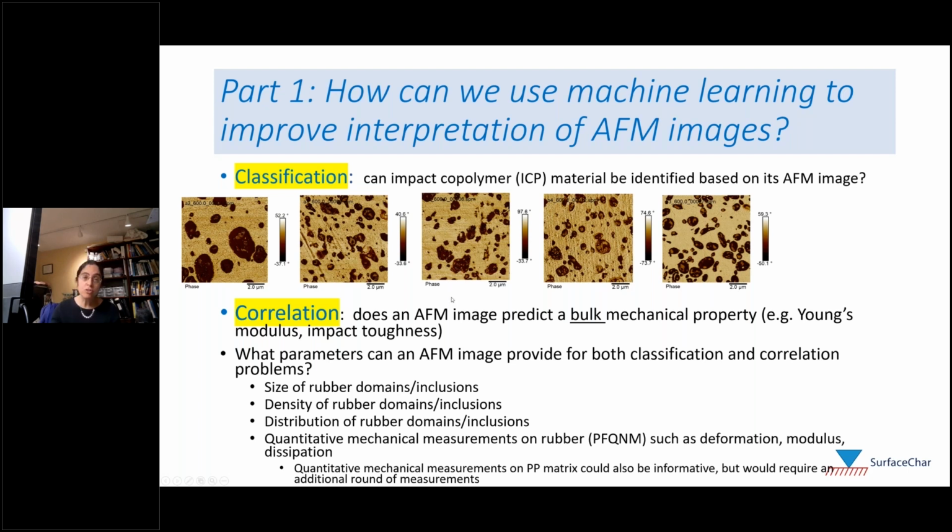While one could do quantitative mechanical measurements on the polypropylene matrix, and there is some thought that the mechanical properties of the polypropylene matrix do change between these, when you do PF-QNM, we had to pick one material or the other to get the quantitative data on, because there's a very large range of spread in modulus between the rubber and the polypropylene matrix. So at least for now, we were focusing on the quantitative measurements on the rubbers.